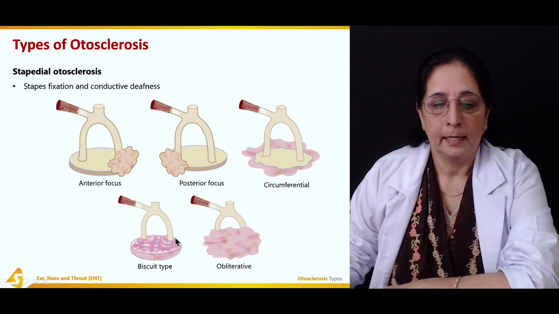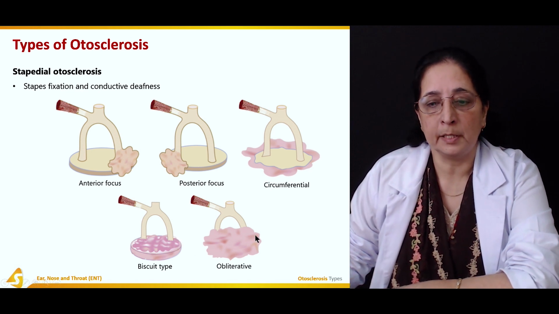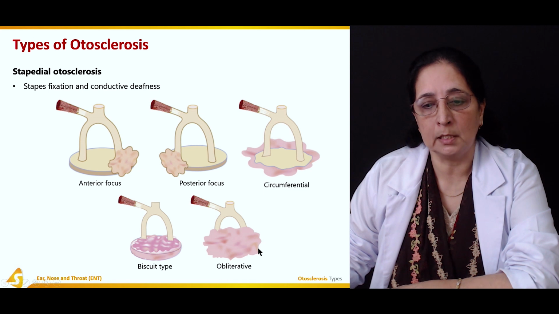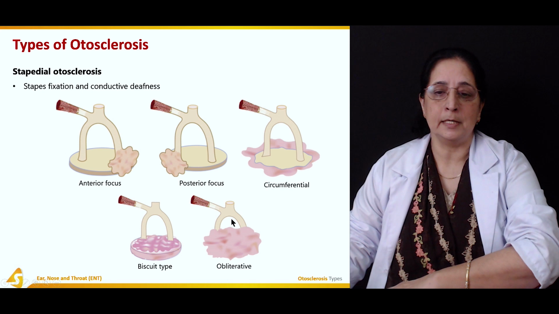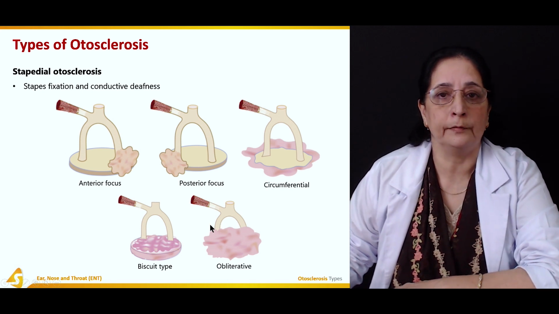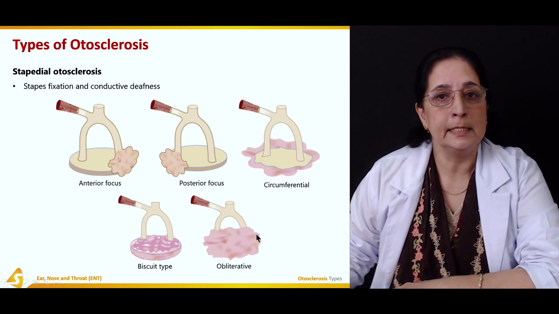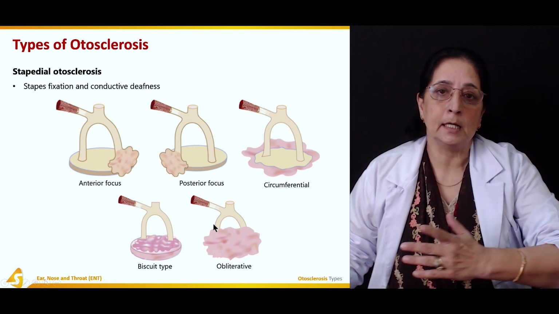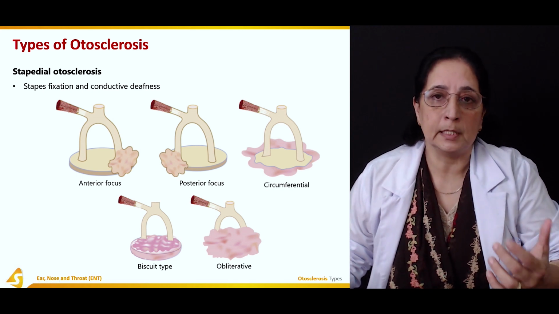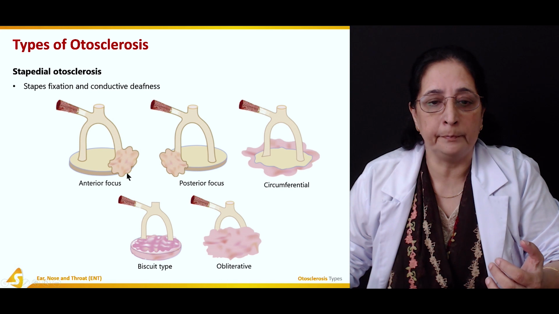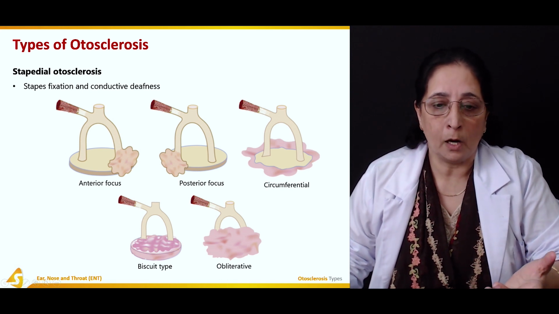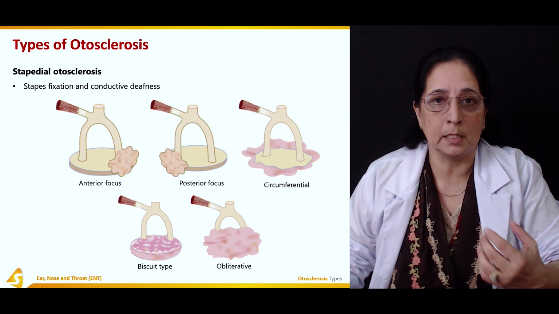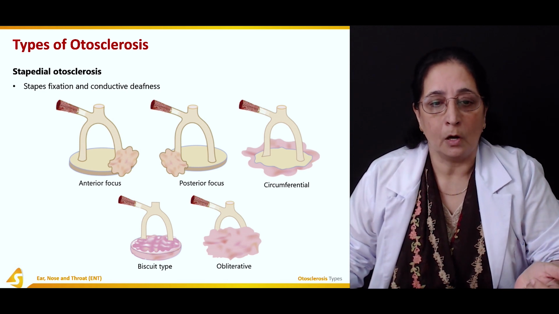Then the 5th type of stapedial otosclerosis is the obliterative type, and if you see, it's causing the obliteration of the footplate of the stapes. So all these are the different types of stapedial otosclerosis, depending on what site is involved and what the appearance of the otosclerosis is.